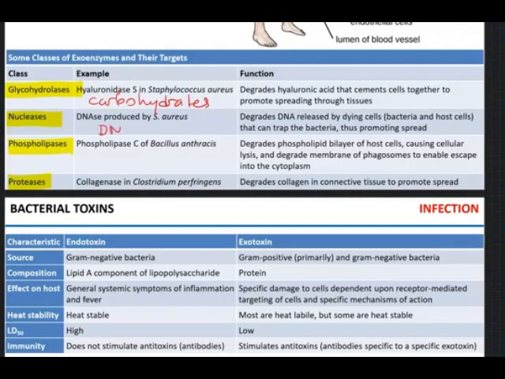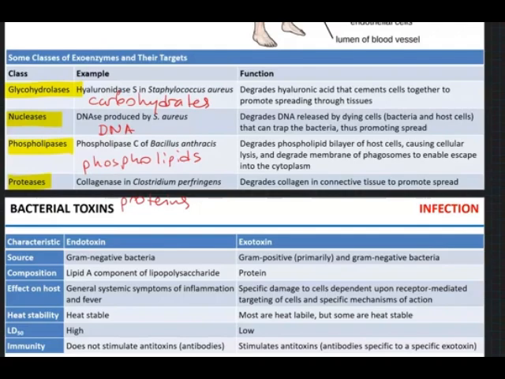Nucleases break down DNA. Phospholipases, well, fair guess, phospholipids. And collagenases, well, proteases, I'm sorry, break down proteins. Honestly, a question of taking candy from a baby. Like, the answer is pretty much in the name.